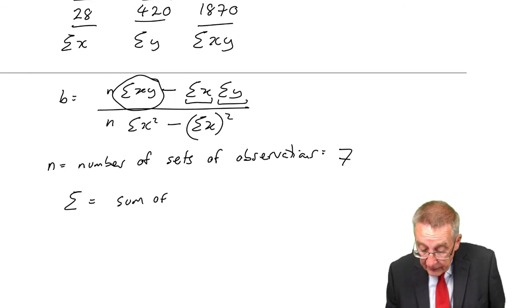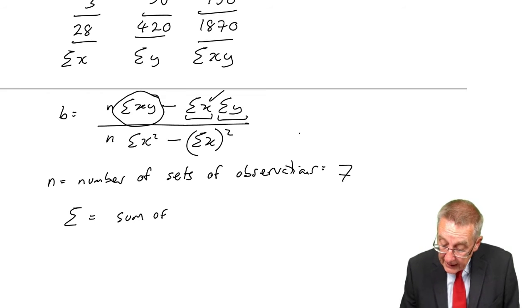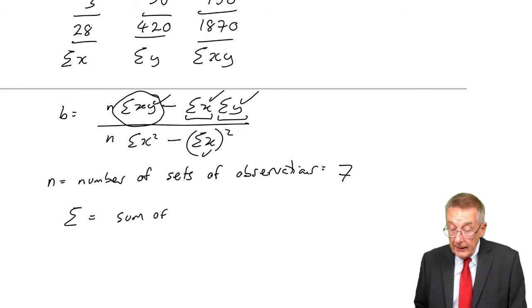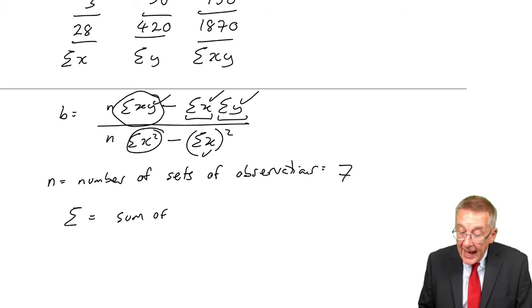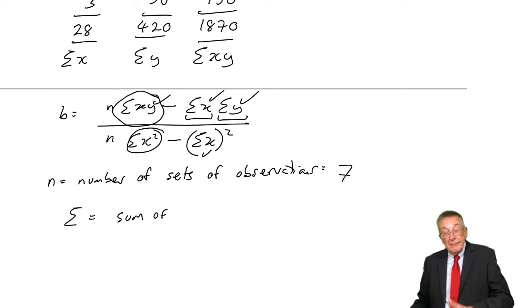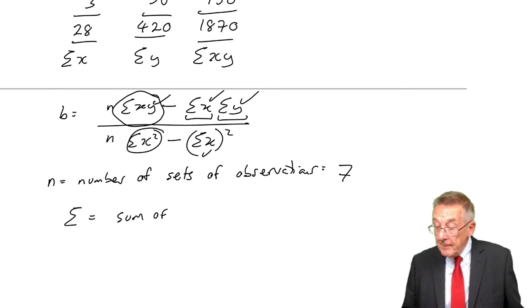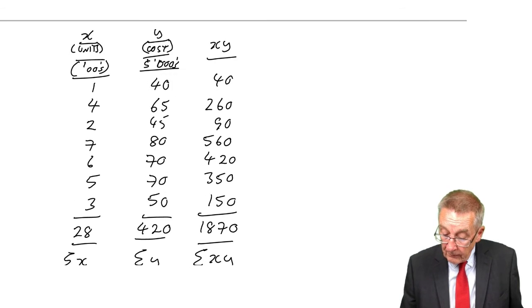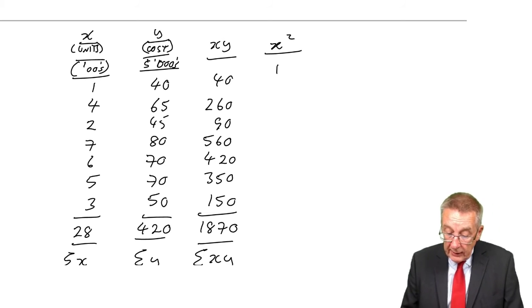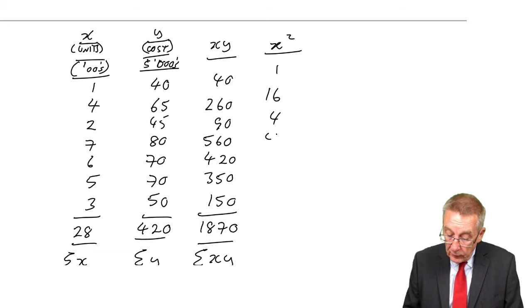What else do we need for the formula? Well, we've got sigma x, sigma y, sigma xy. Now there's sigma x again. We need sigma x squared. So let's get x squared each time and then add them up. X squared, 1 squared is 1, 4 squared is 16, 2 squared is 4, 49, 36, 25, 9.